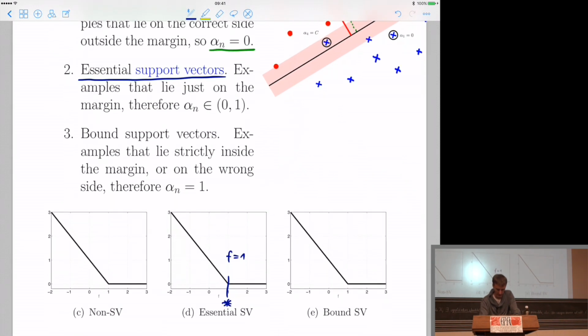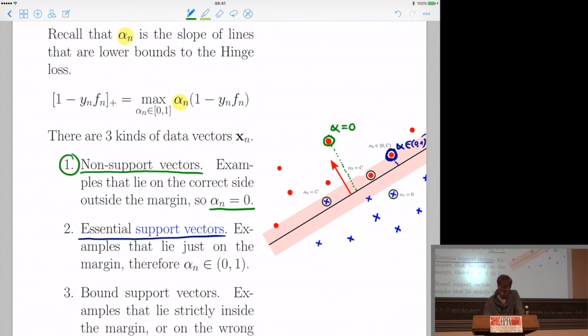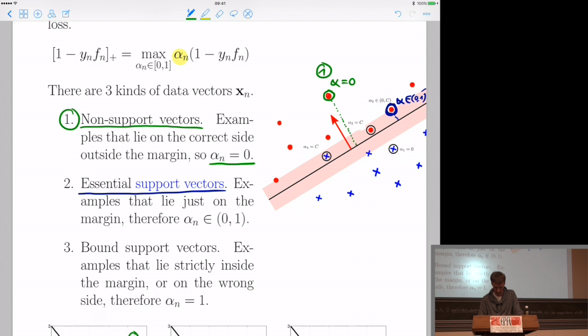And okay, let me finish the first case. So the first case is, we said, when you're on the good side, like here or here. So here you pay absolutely nothing, right? So that's case 1. Zero hinge loss cost.